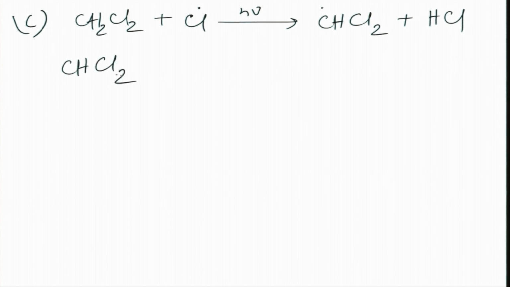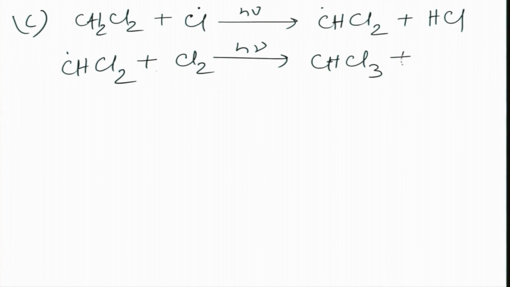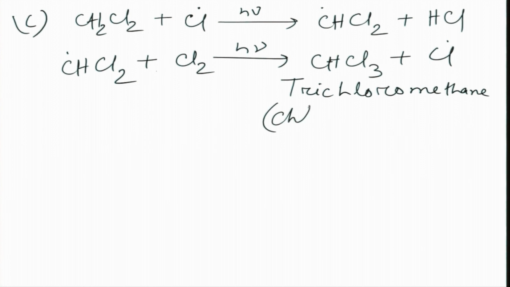So, CHCl2 free radical again reacts with a chlorine molecule and forms CHCl3 plus Cl free radical. CHCl3 is called trichloromethane, or its common name is chloroform.